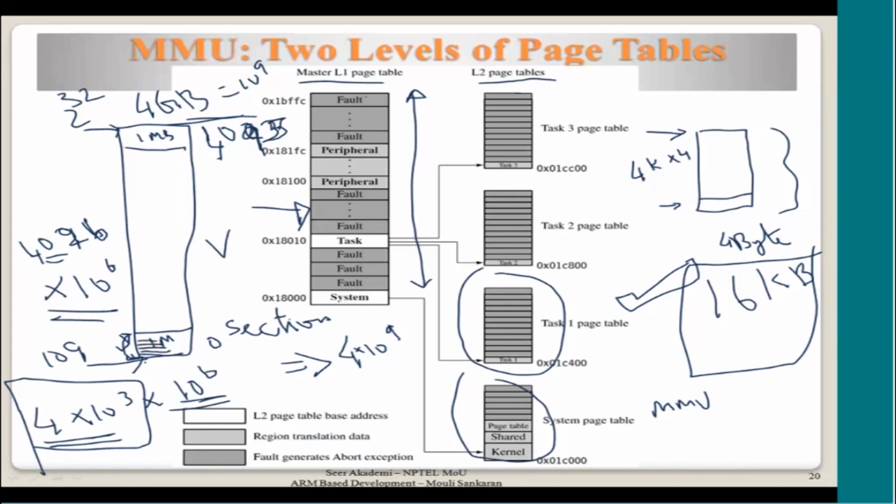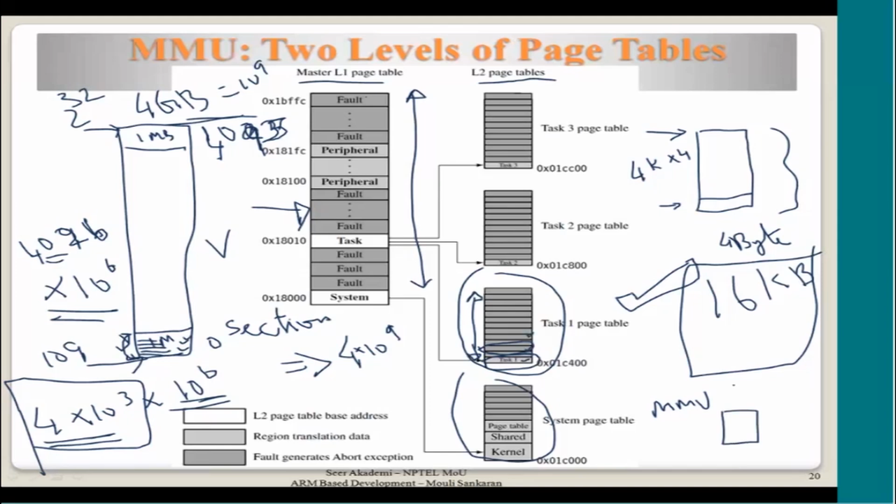If I want different access permissions for each page, then I need different page table entries, one entry for each. In that case, we will have another entry pointing within that 1 MB location, referring first maybe to 1 kilobyte or 4 kilobytes, whatever it is. That part of the 1 MB will be based on this entry, and the next will be based on the next entry, like that. There you will have entries for the 1 MB location.